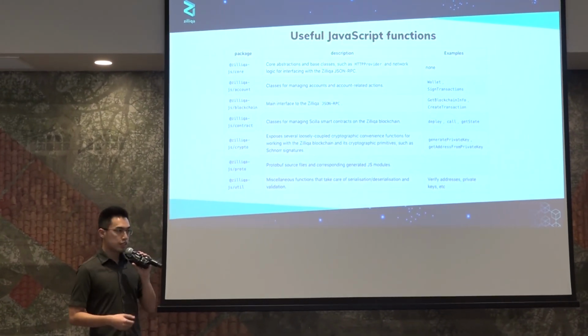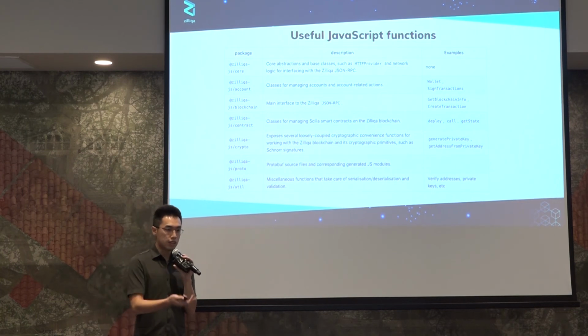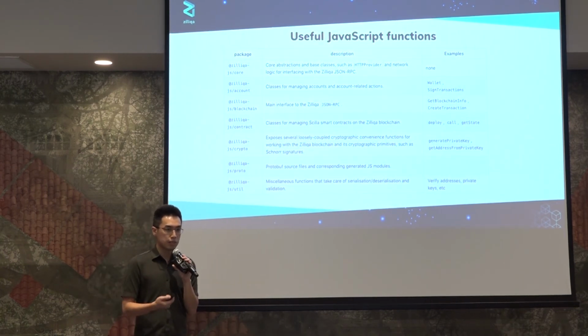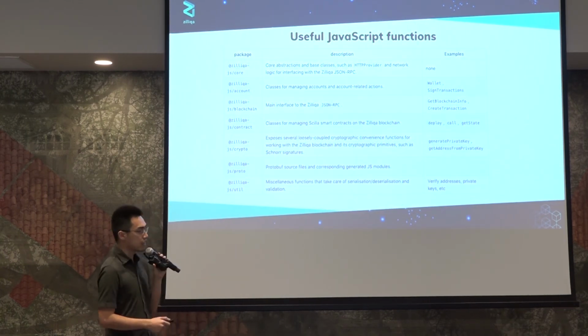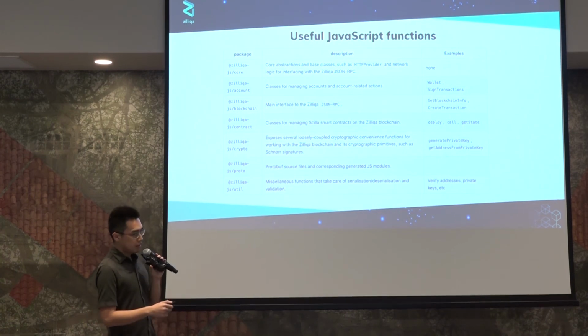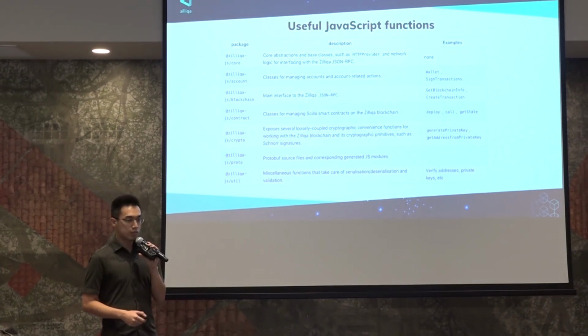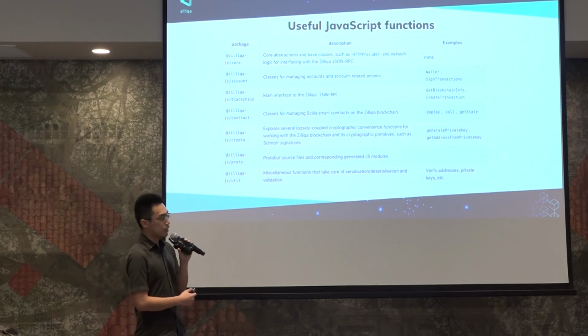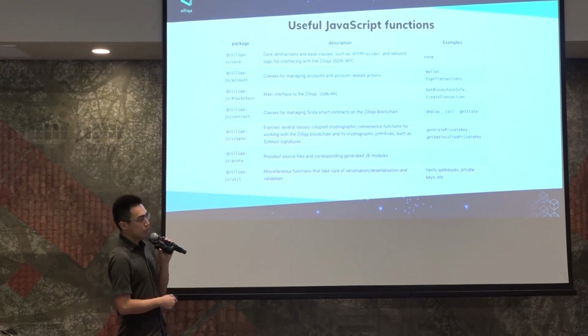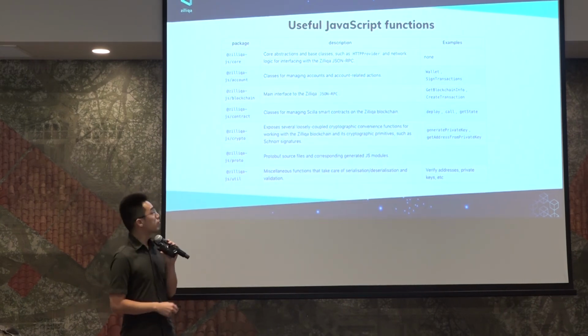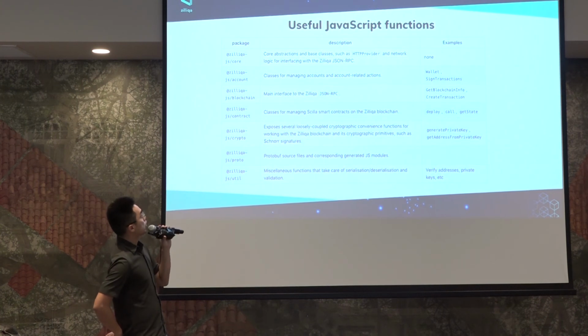It's quite comprehensive, so everything that you require, such as creating a new wallet, interacting, deploying a contract, creating a transaction, is abstracted away from the developer and put into these JavaScript functions. So you can just invoke a certain function here when you compile it, and then use it to interact with the blockchain.